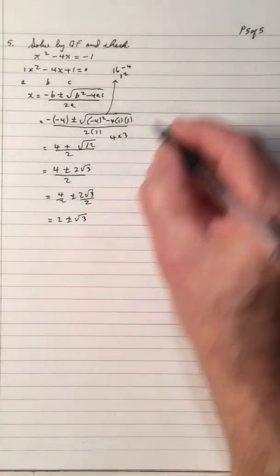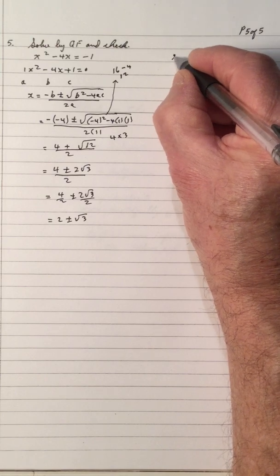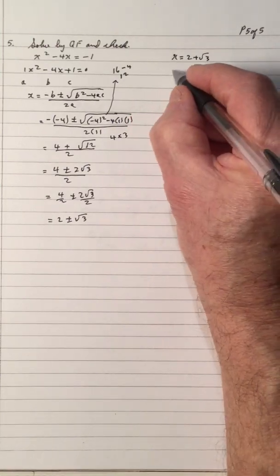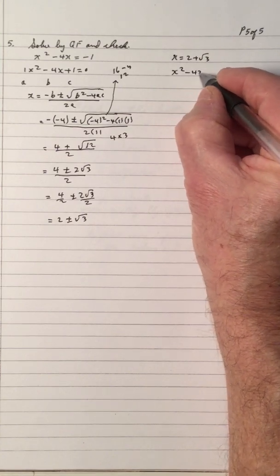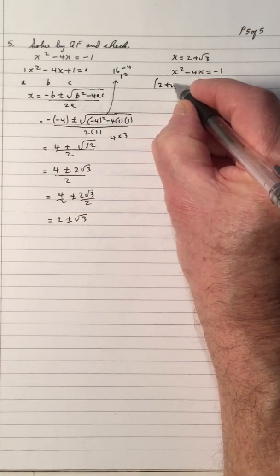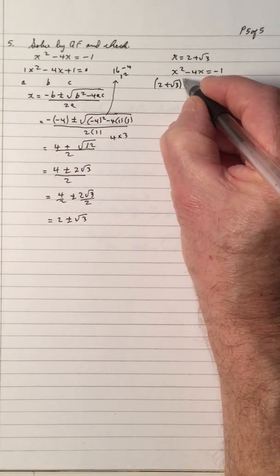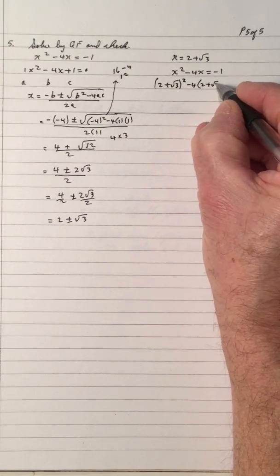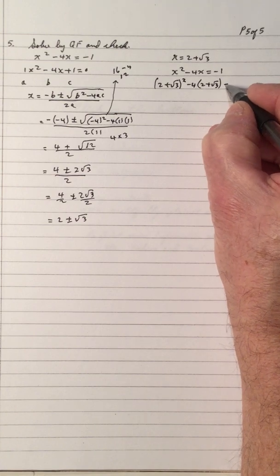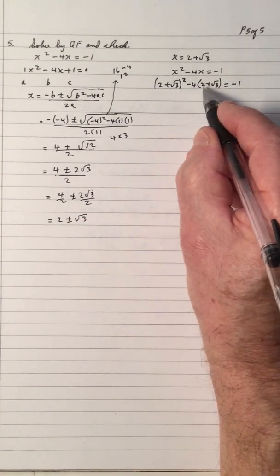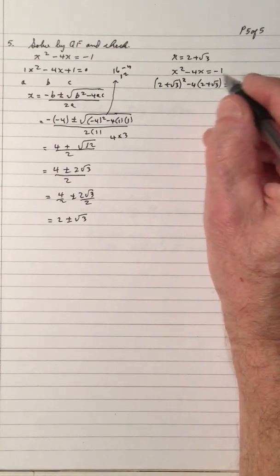Now, we're going to check them. So I'm going to take x equals 2 plus root 3, and I'm going to sub that into this equation. Notice I'm subbing it into the original equation. So x is 2 plus root 3, squared, and I simplify.